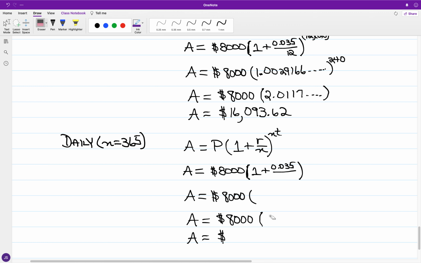So we've got some changes here. Again, n changes to 365, and for the power, we have 365 times 20. Basically with 0.035, a small decimal number to begin with, divided by 365 and then tacked on to 1, it's almost like adding virtually nothing to 1.